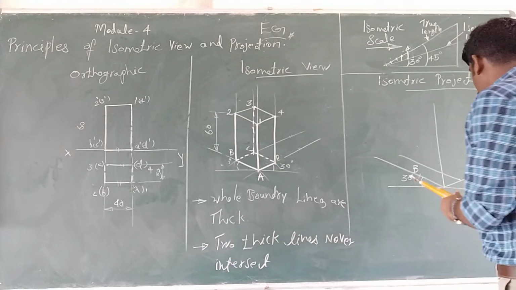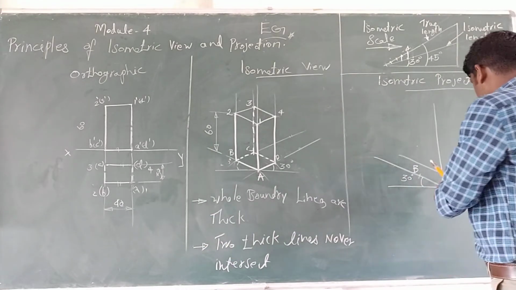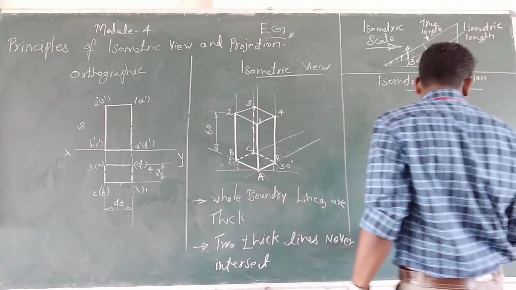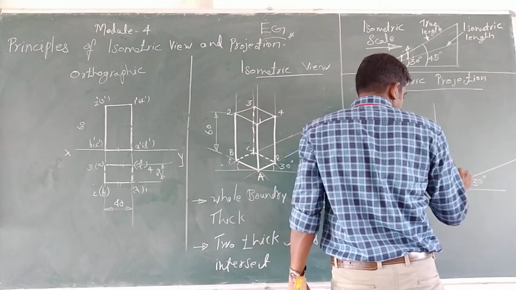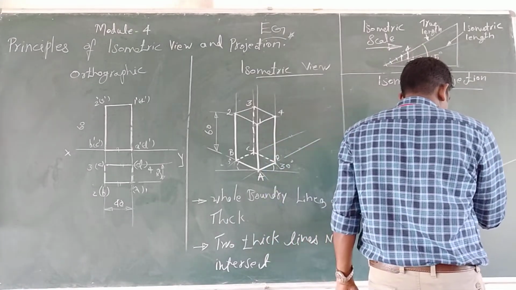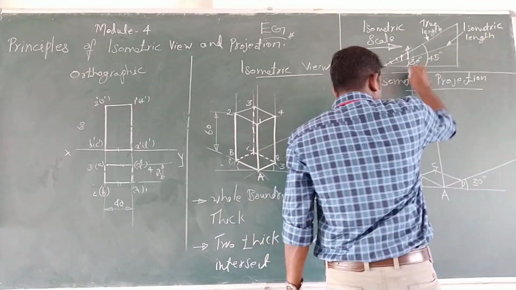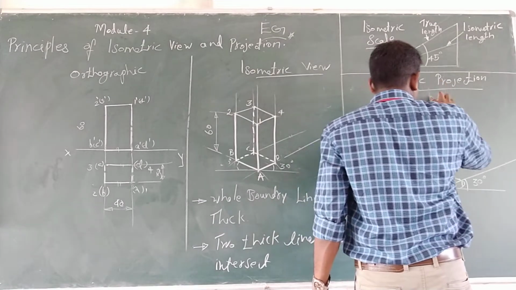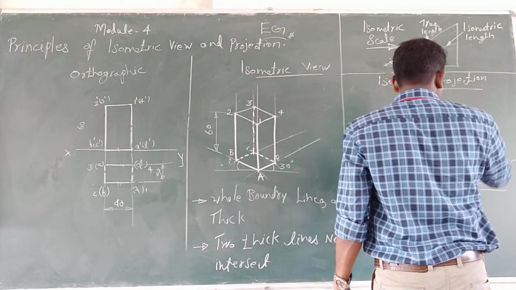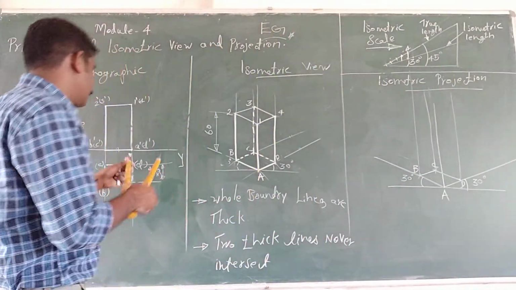So I mark it here. Then I find the distance to C. Then draw a vertical line from each coordinate. I am taking the height of the solid, that is 60 mm.